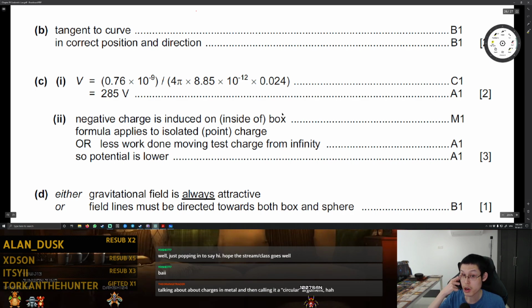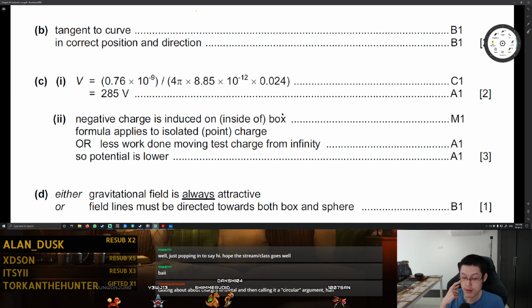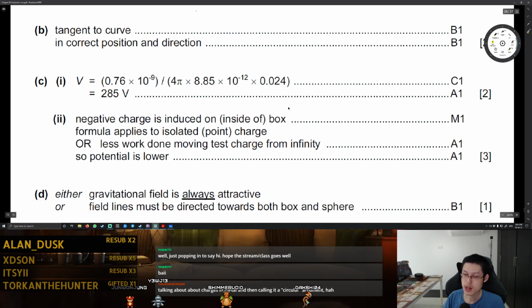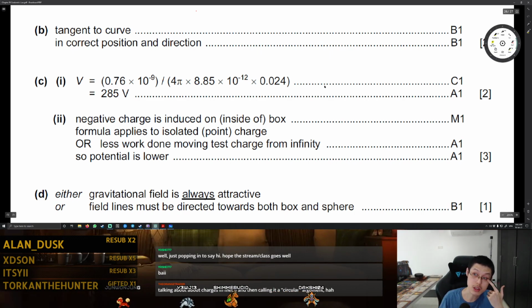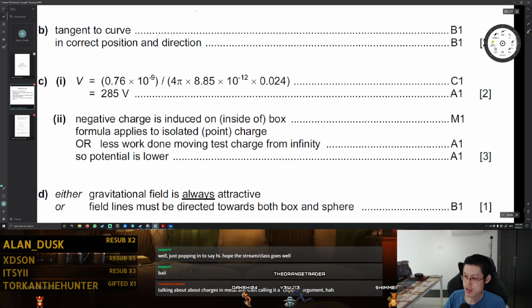Remember, the test charge is always going to be positive. So work must be done moving a test charge from infinity to the positive sphere, because you're putting two like charges together, so they would repel each other. So you need to put in work. But if you have a negative charge in the vicinity, then less work needs to be done. Okay, so potential is lower. So these are the things you want to say. Okay, hopefully that makes sense.